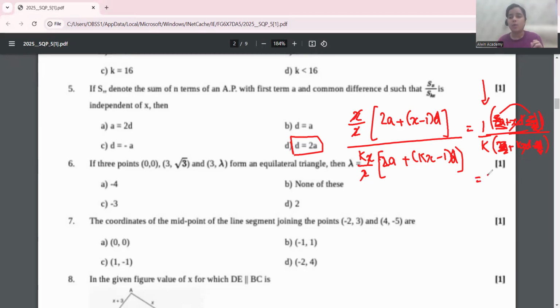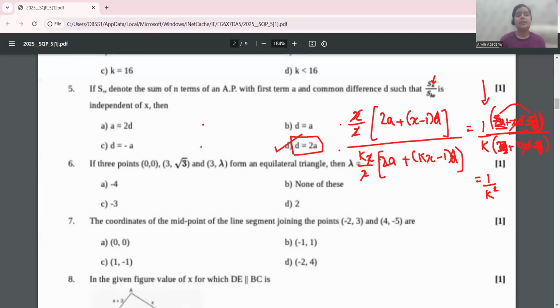We'll get 1 by k square. Now 1 by k square is essentially independent of x. So any value of x here does not make any difference. So the condition out of these four which satisfies that Sx upon Skx should be independent of x is option number D. d is equal to 2a.